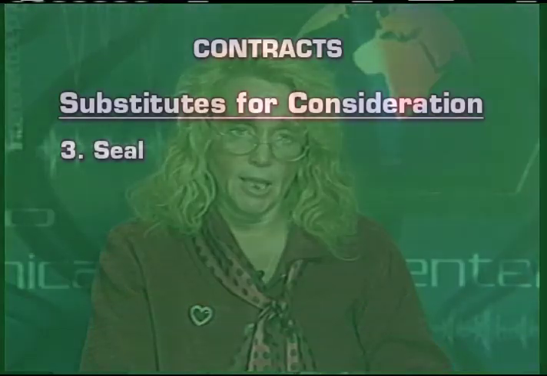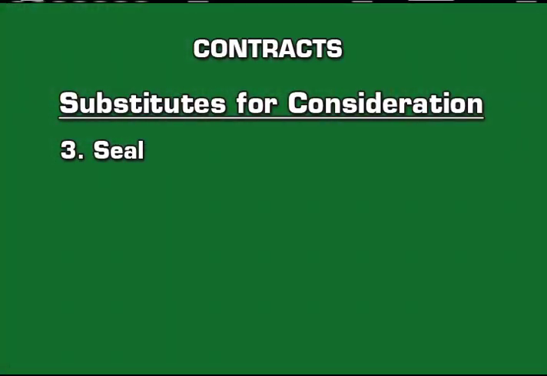And finally, this is not as commonplace today, but at one time, at common law, contracts under seal, the seal served as a substitute for the consideration. So those are your substitutes for consideration. So once again, you must find either consideration or one of these substitutes to enforce the promise. Okay, that wraps up our discussion on consideration.